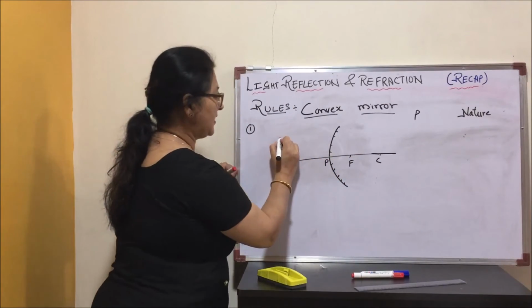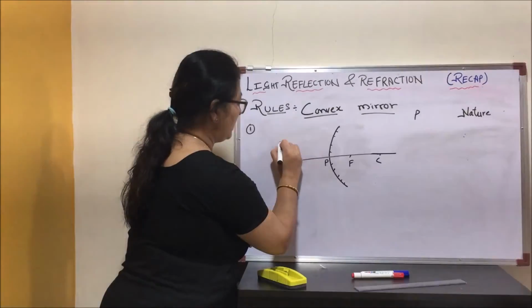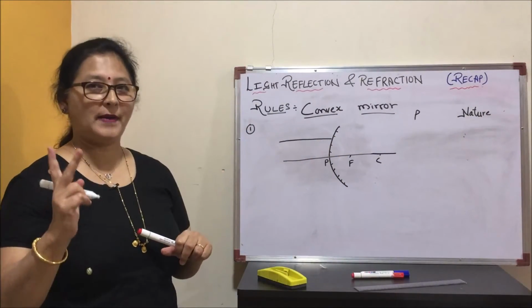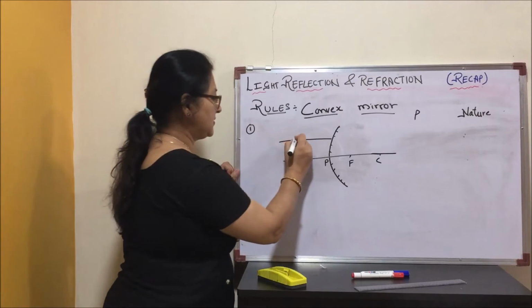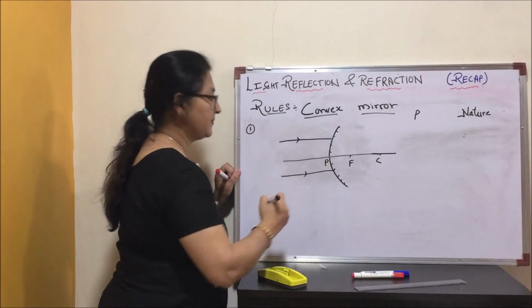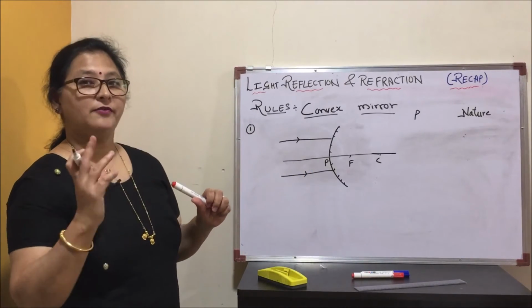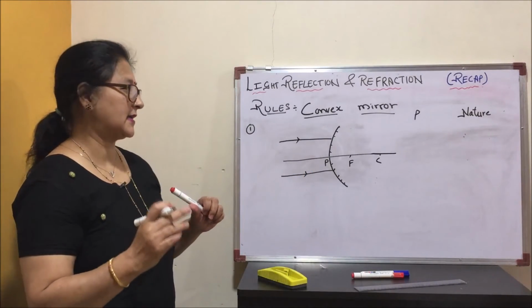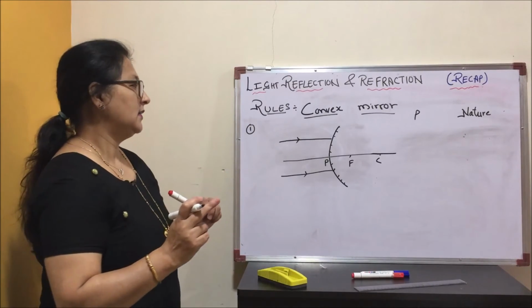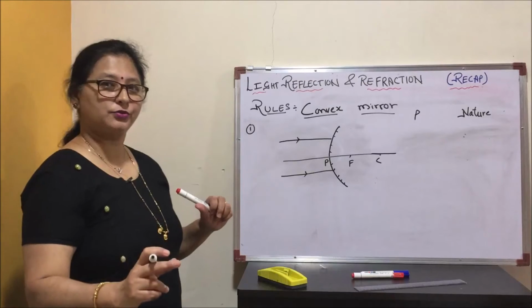Now the object is at infinity and we know that when the object is at infinity, what you have to take? You have to take two parallel rays, right? So two rays parallel to the principal axis. Now according to the rule, when the two rays are parallel to the principal axis, after reflecting back, they will be passing through the focus.